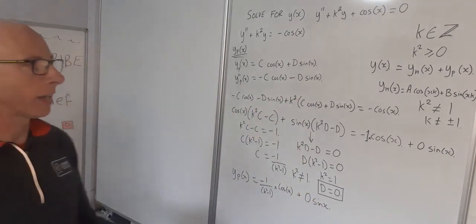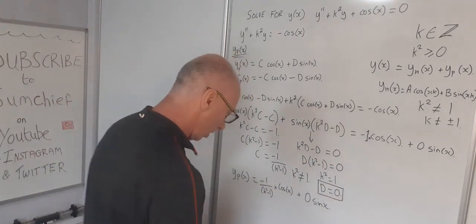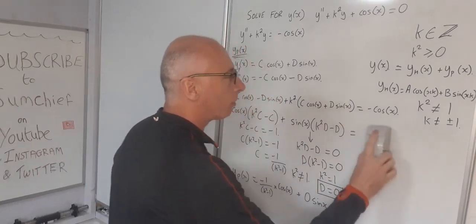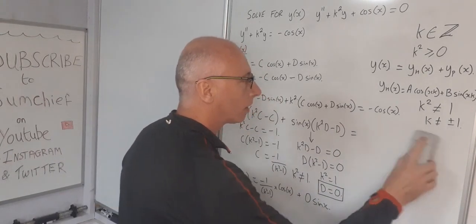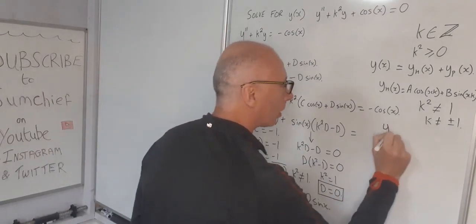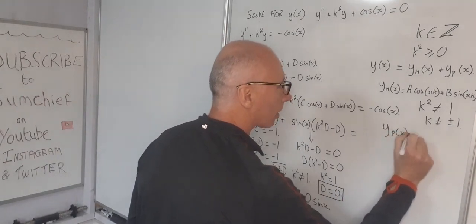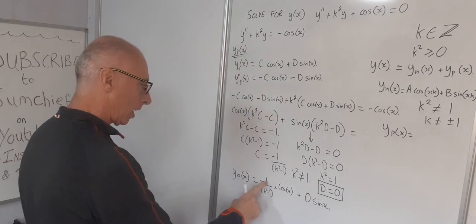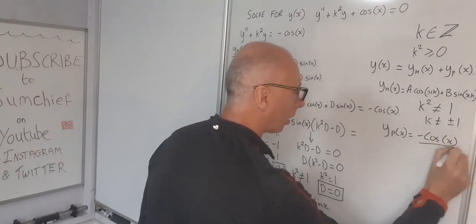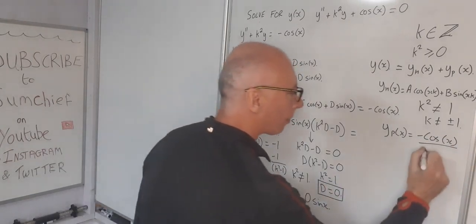Okay, so now that's going to give me my particular solution. I'm just going to take this off the board here and write that underneath here. So y p of x equals minus cosine of x over k squared minus 1.